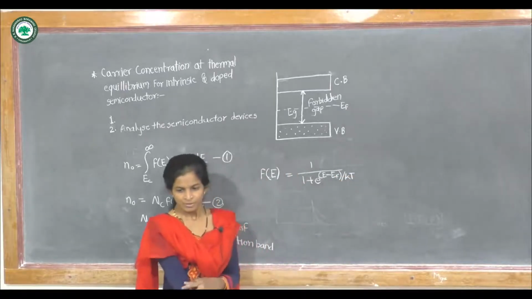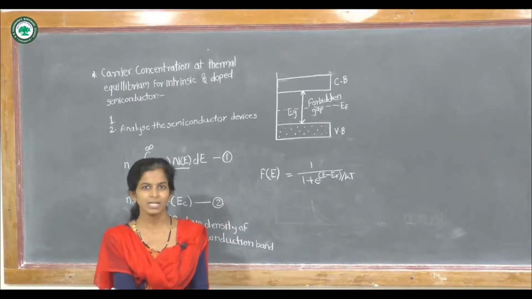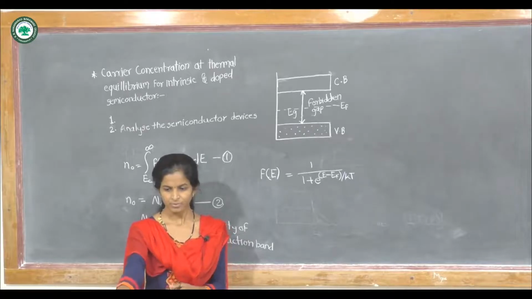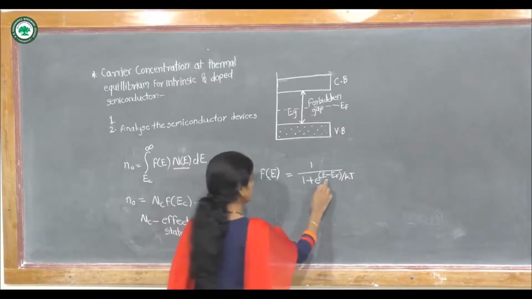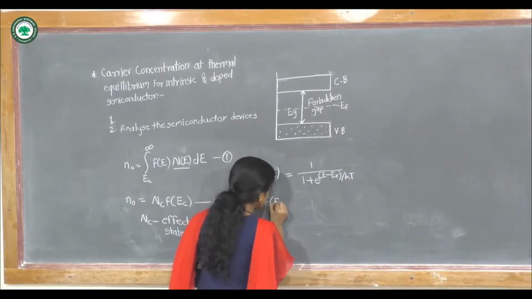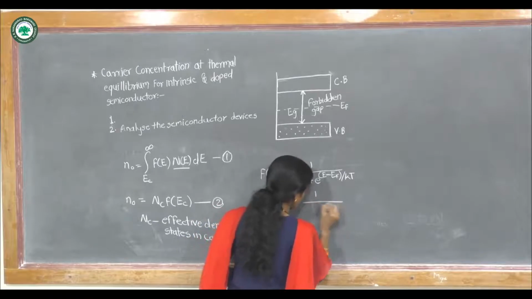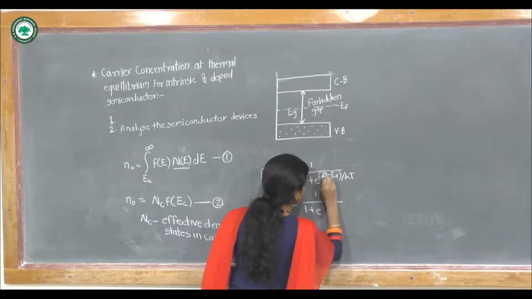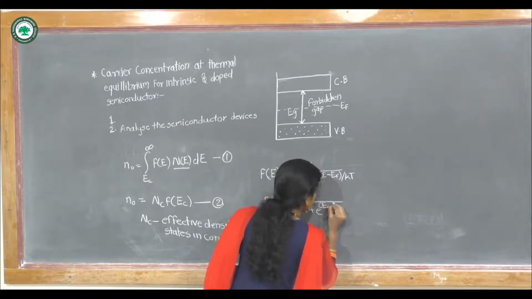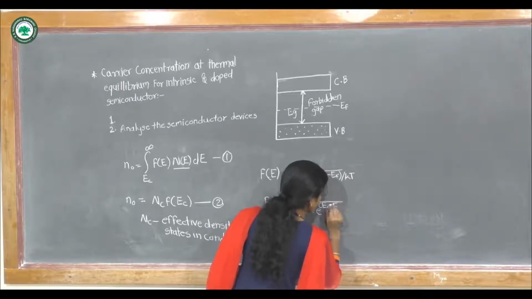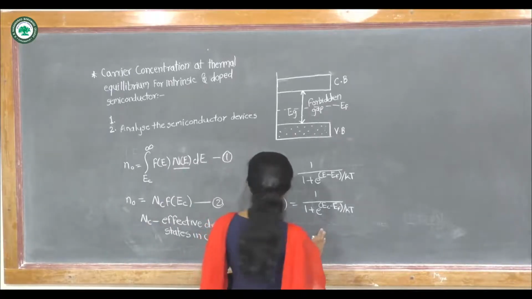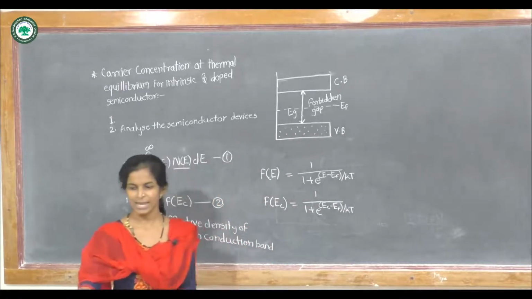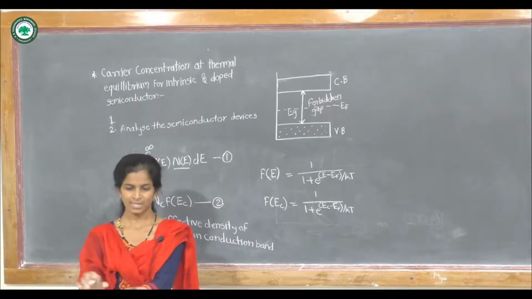So in the case where the Fermi level lies below the EC, one may write EC in place of E. So f(EC) is equal to 1 upon 1 plus e raised to (EC minus EF) upon kT.